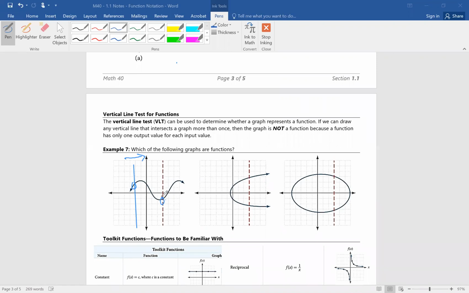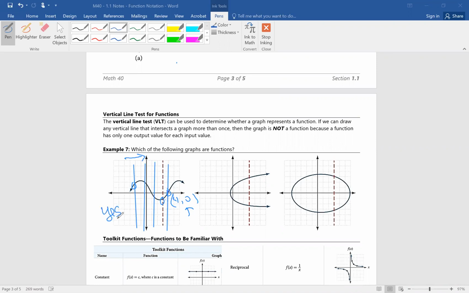If you push this blue line to the right, it would cross once there, once there, once there. It's supposed to be perfectly vertical. For every input, there's only one output. For this point, say 4, comma 0, for an input of 4 I only have one output, meaning it only crosses at one spot. So this would be a function.